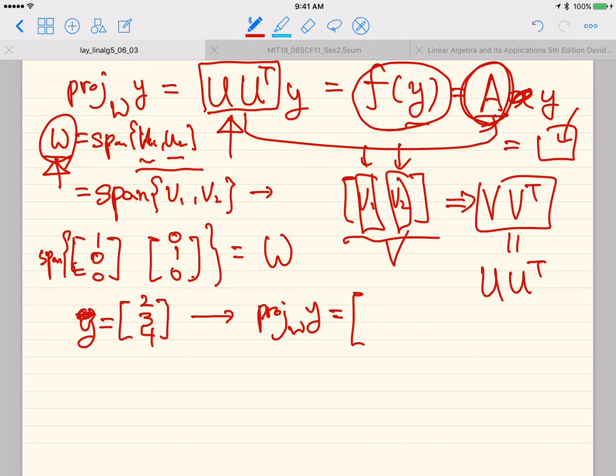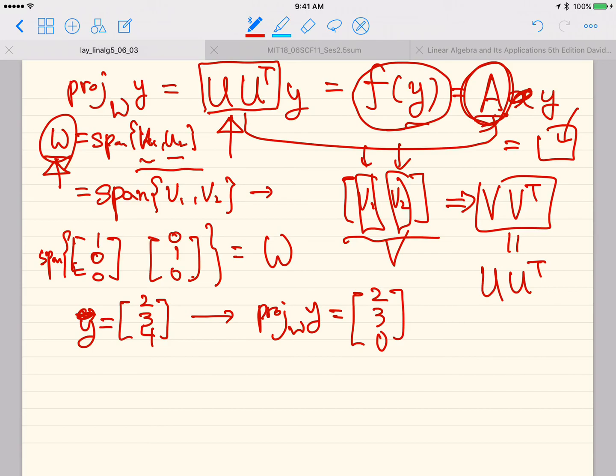We have x, y, and z, and we have 2, 3, 4, and we project it onto this horizontal plane. What should be the coordinates of this orthogonal projection? It is 2, 3, 0, right? It should be quite simple.